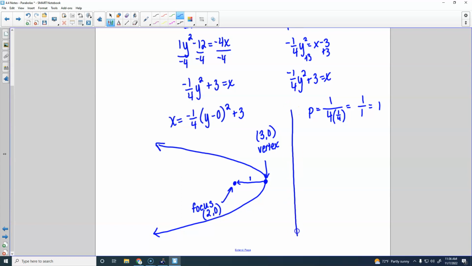My directrix will be over here. It'll be to the right 1.